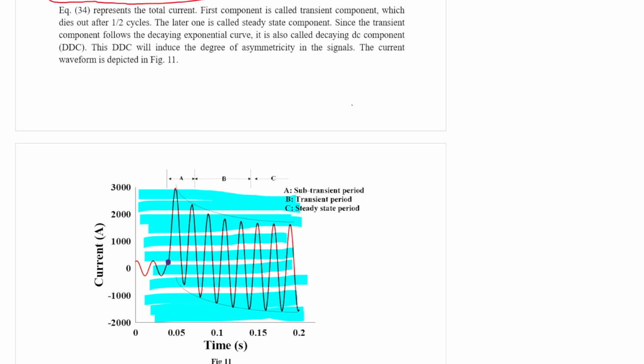Before this point, the current was sinusoidally varying. Now at this point a sudden rise is there. So we can say that this is the inception of the disturbance, or inception of the switching.